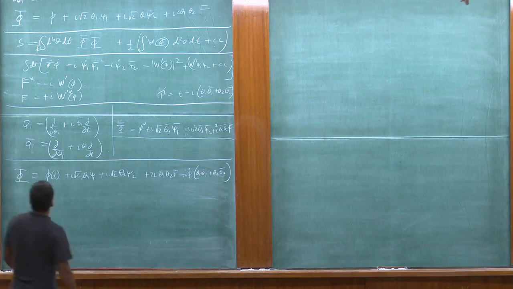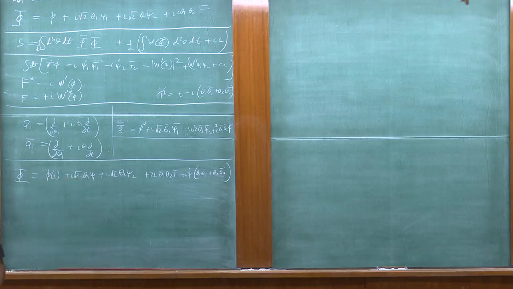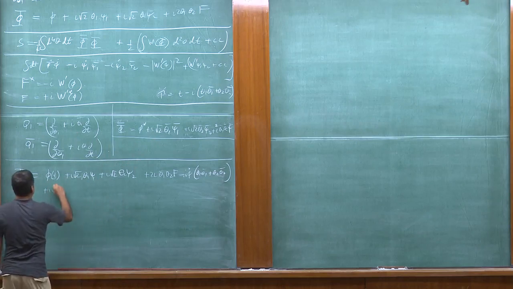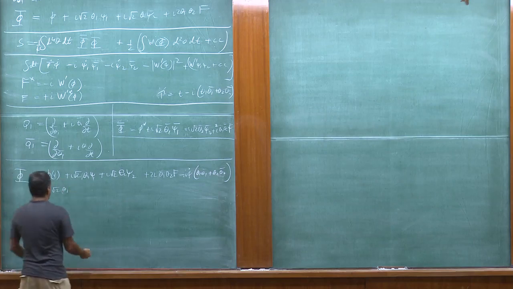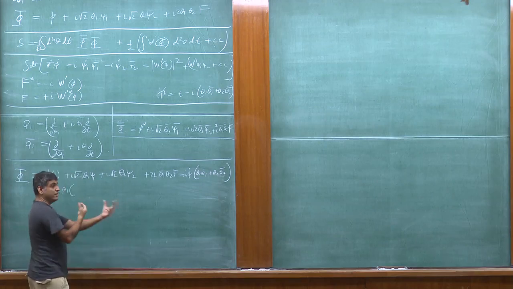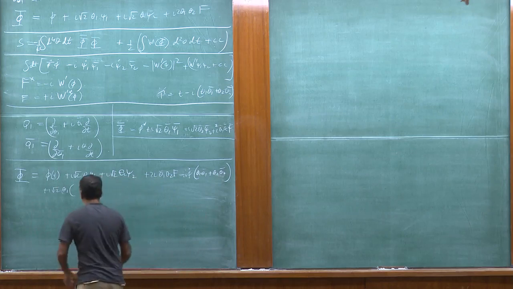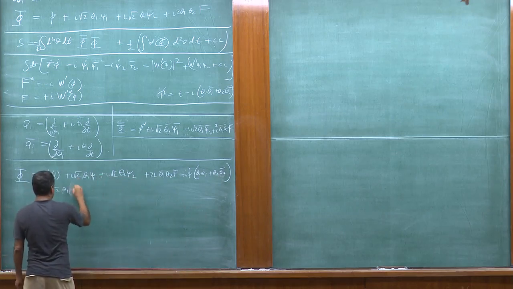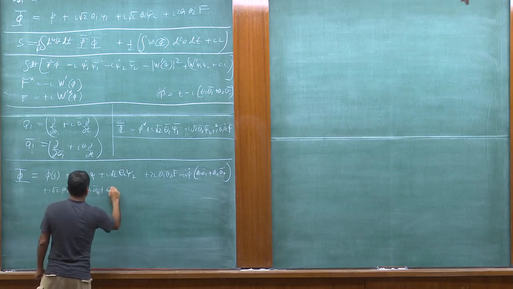Now what about the terms of order 3? There's nothing explicitly of order 3 there, but we get terms of order 3 when we Taylor expand psi and psi bar. So we get plus i square root 2 theta 1, and now we have psi 1 Taylor expanded. So we have a choice of whether to put the theta 1 theta 2 before or after psi. It doesn't matter because it's quadratic. I'll choose to put it before. So this is minus i into theta 1 bar plus theta 2 bar.